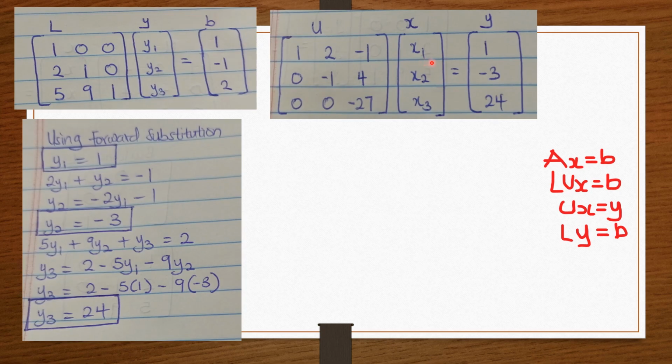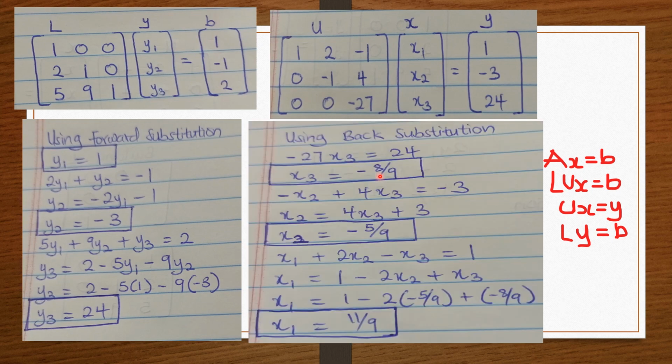You know, this side are all zeros. So to find x3, using back substitution, negative 27 x3 equals 24. And clearly we can find the value of x3 to be negative 8 over 9.